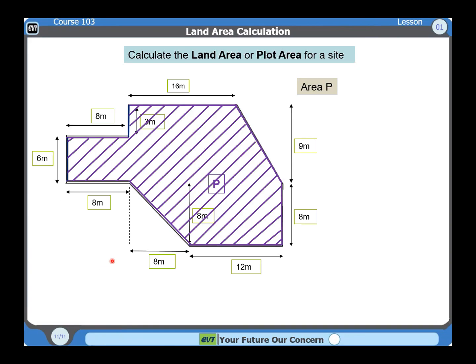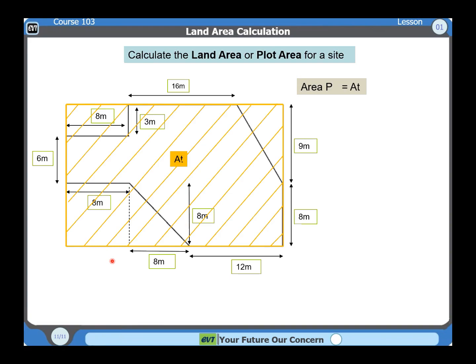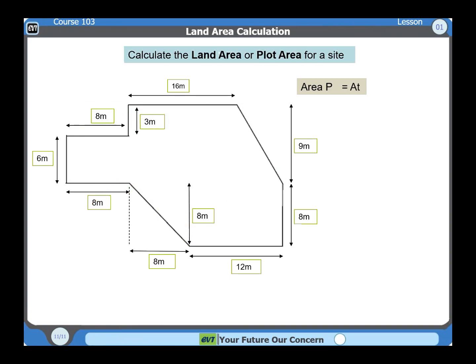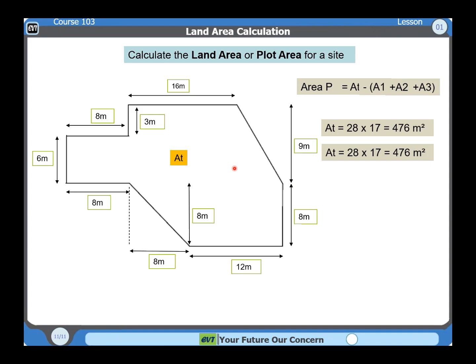To calculate this, we add imaginary space AT, area P equals AT minus, and we try to detect area A1, area A2, area A3. And area AT equals 28, which is 12 plus 8 plus 8, times 17, which is 8 plus 9, equals 476 square meters.